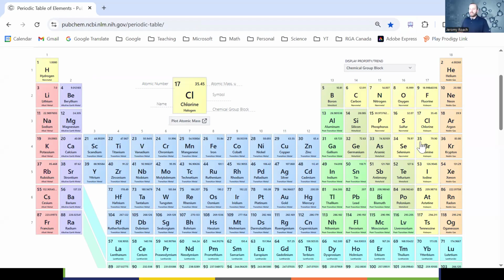If it gains an electron, it becomes bromide, or Br-. That means it's going to match the electron configuration of krypton. So if it's gaining an electron, it has 36 electrons, just like krypton does.